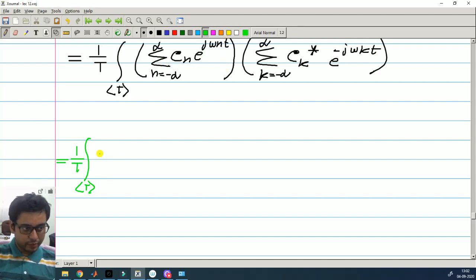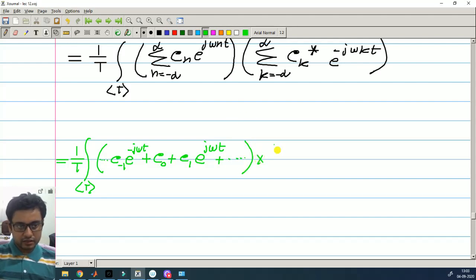Then let me expand this summation as C0 plus C1 e to the power j omega 1 t, and on the other side C minus 1 e to the power minus j omega t, and this sum will continue over minus infinity to plus infinity.